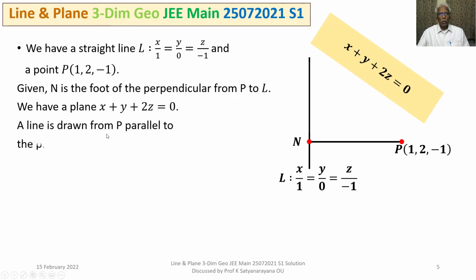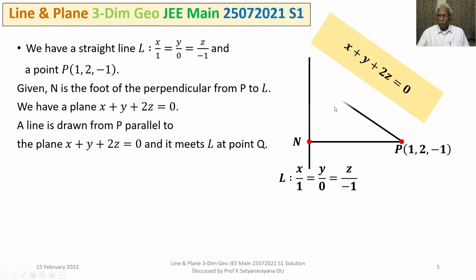A line is drawn from P parallel to the plane x plus y plus 2z is equal to 0, and it meets L at the point Q. So this is the line parallel to that plane, and that meets the line L at Q.